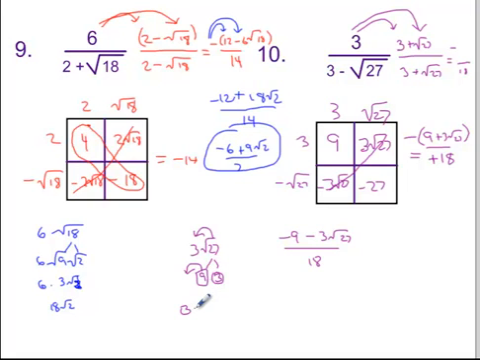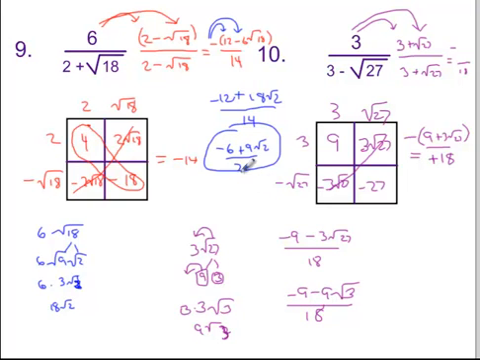The square root of 9 is 3. And then this 3 stays inside. So I get 3 times 3 on the outside. It's 9. 3 on the inside. 9 radical 3. So I have negative 9 minus 9 radical 3, all over 18.